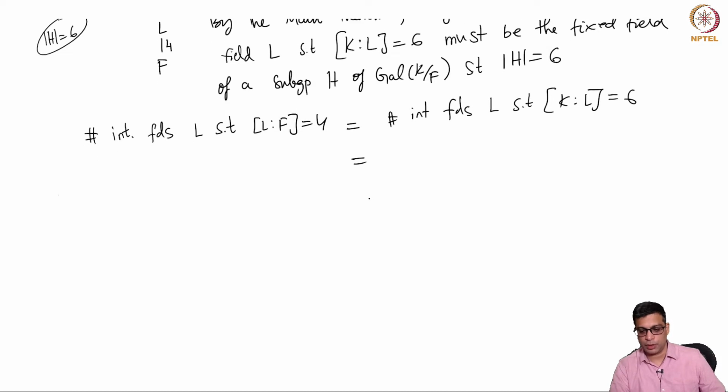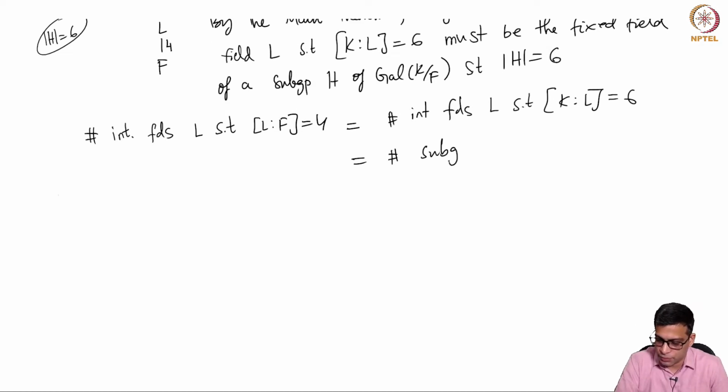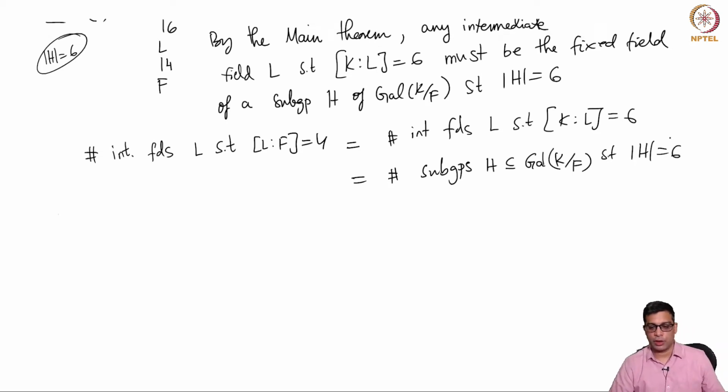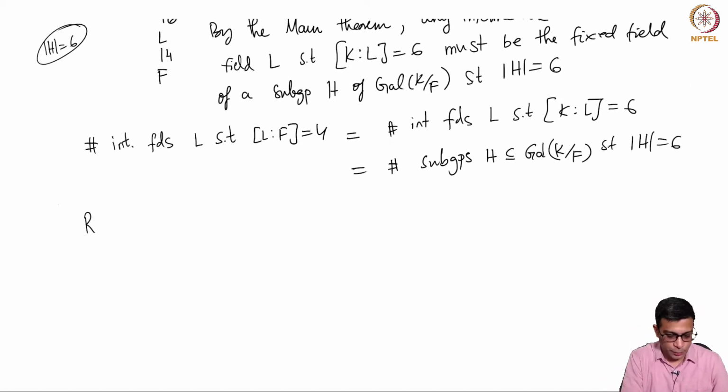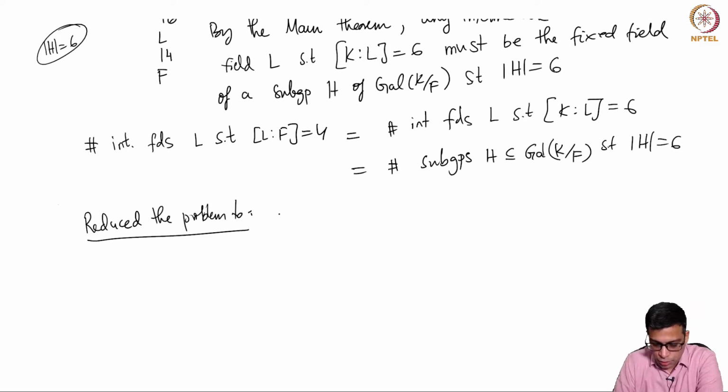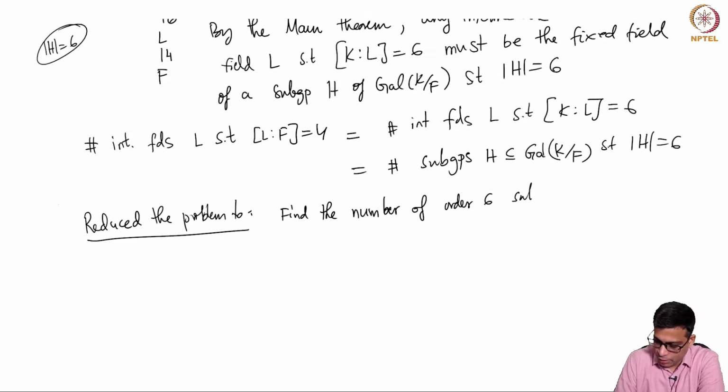And this, more interestingly, is the number of subgroups H of the Galois group such that the order is 6. Okay, so now we have reduced the whole problem to: find the number of order 6 subgroups of Z mod 2Z cross Z mod 12Z.